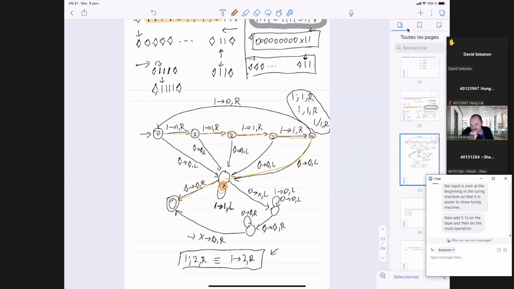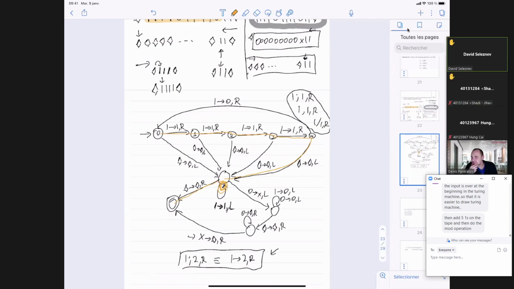Yeah, David? So in case of unary, are we only allowed to print zeros and ones on the tape, or are we allowed to print any character on the tape? Well, the tape language and the input language are allowed to be different. So you can use whatever symbols you want, as long as you're using finitely many symbols.